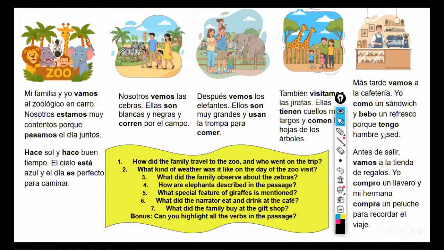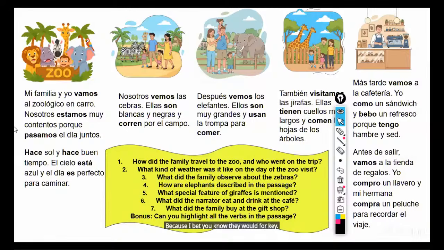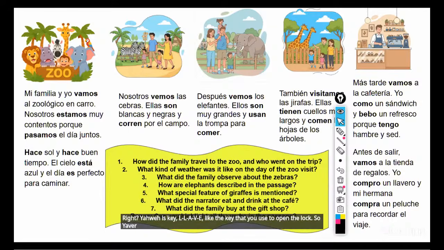Now, peluche might be a difficult one to guess if you never met it before, right? But I bet you could figure out what llavero is because I bet you know the word for key. I bet you've met llave before. Right? Llave is key, L-L-A-V-E, like the key that you use to open the lock. So llavero is keychain.